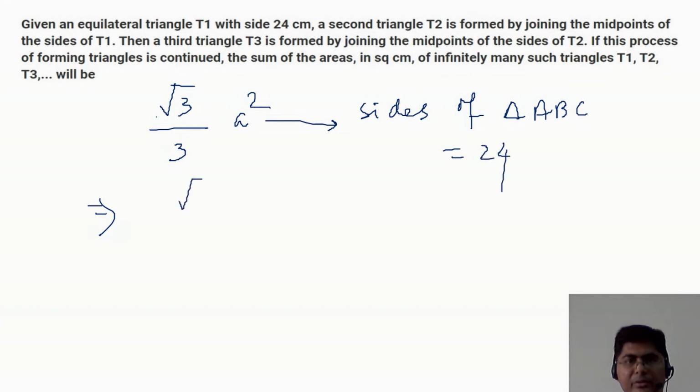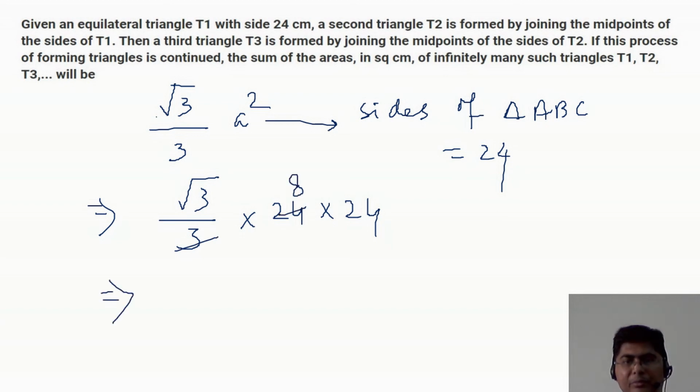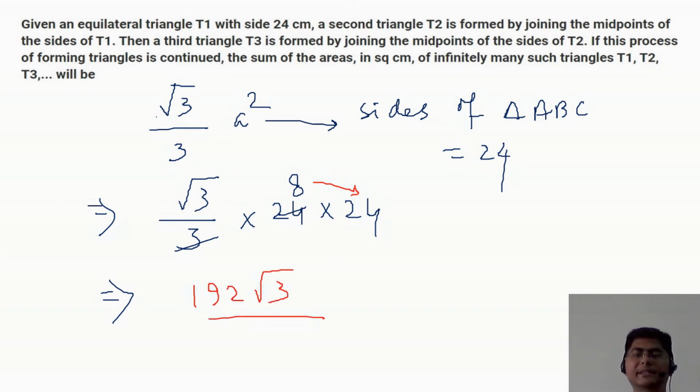So root 3 by 3 multiplied by 24 into 24. Now 3 and we can say this 8. So as a result, if you multiply 8 into 24, we got 192 root 3. Now you can check this answer with the options available and find out which is the right option. Hope this answered your question. Thank you.